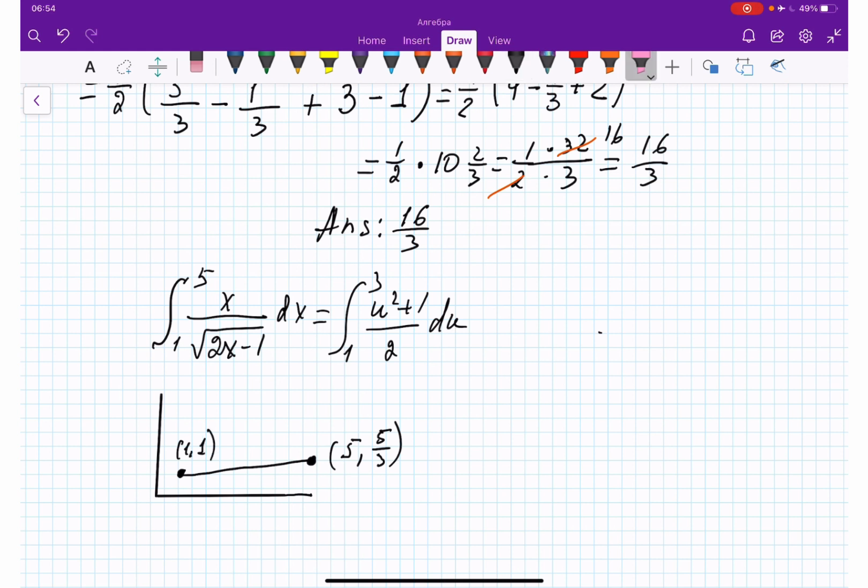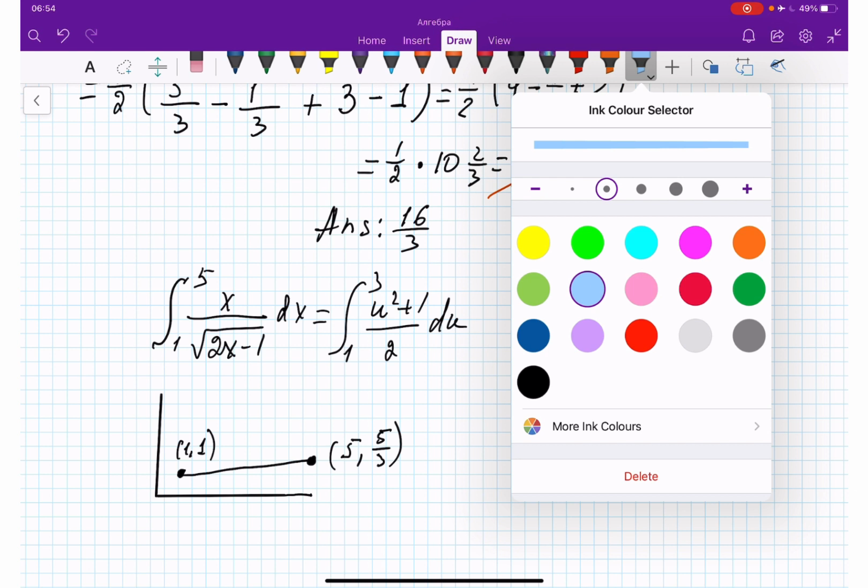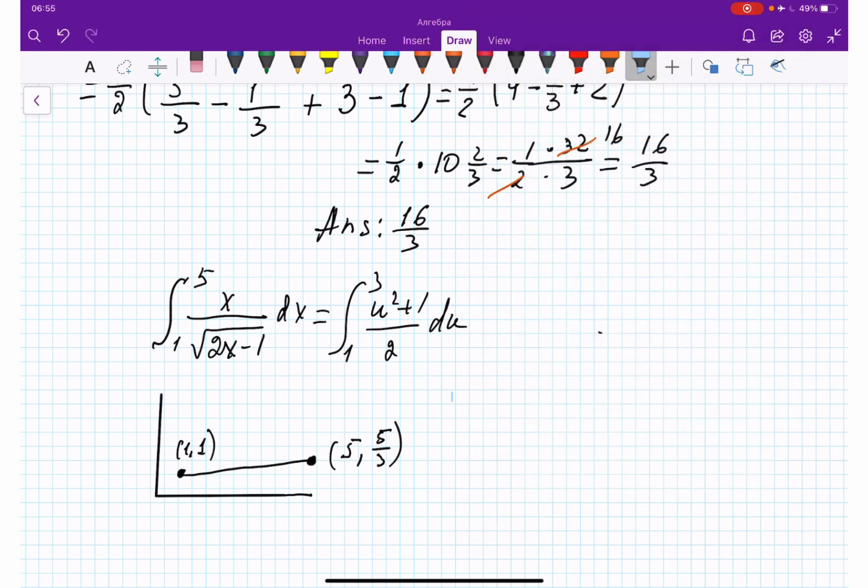So the area under this graph is this, right? Because the integral is dealing with areas, right? And this is x and y.